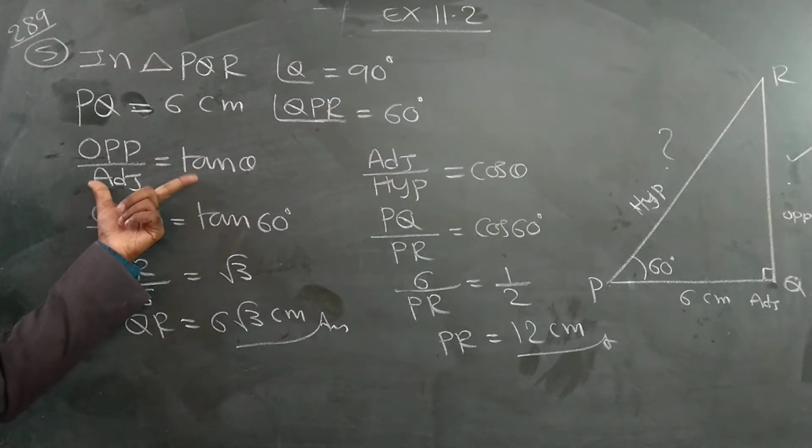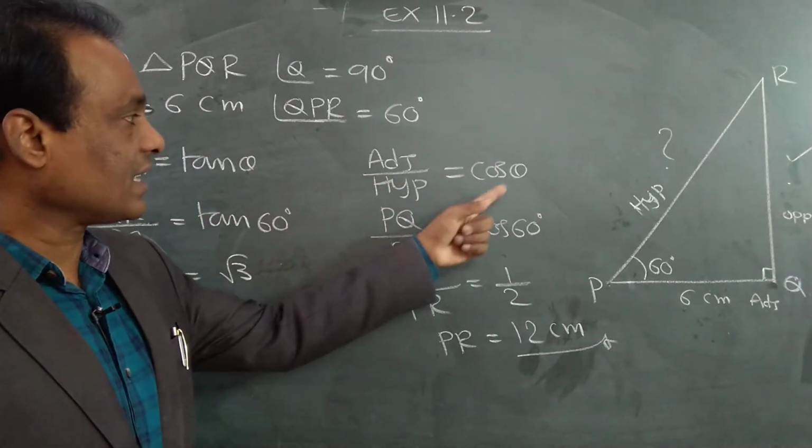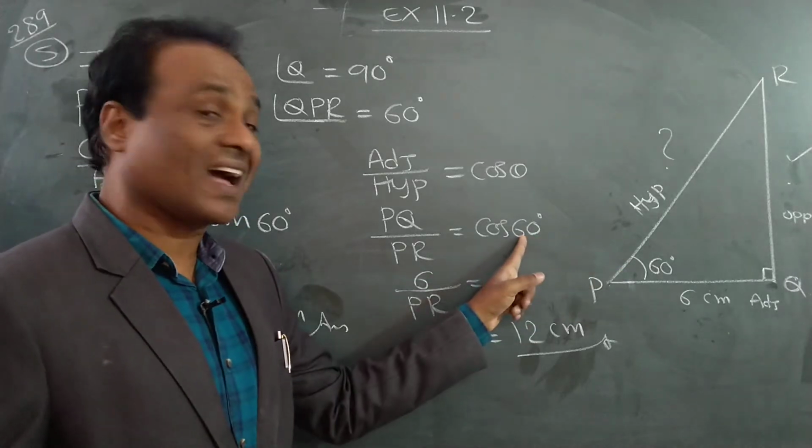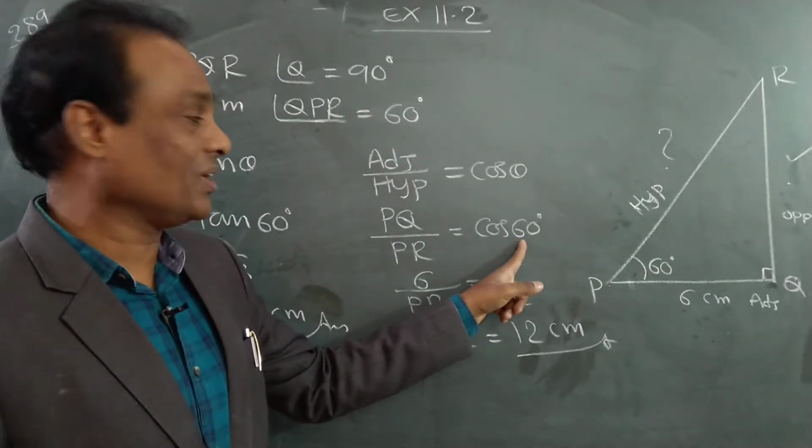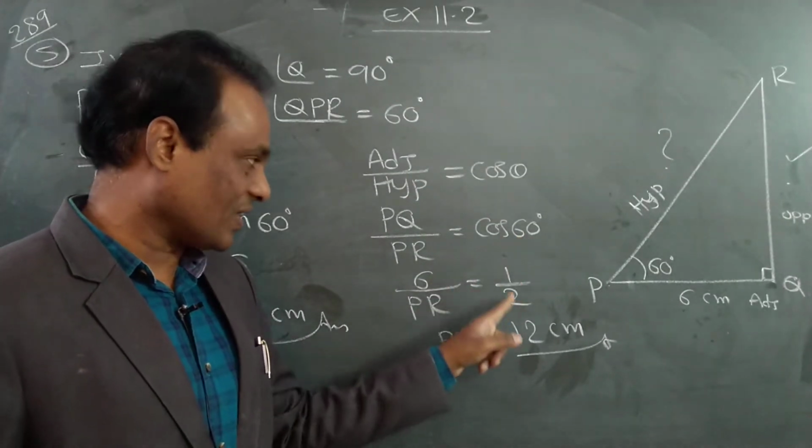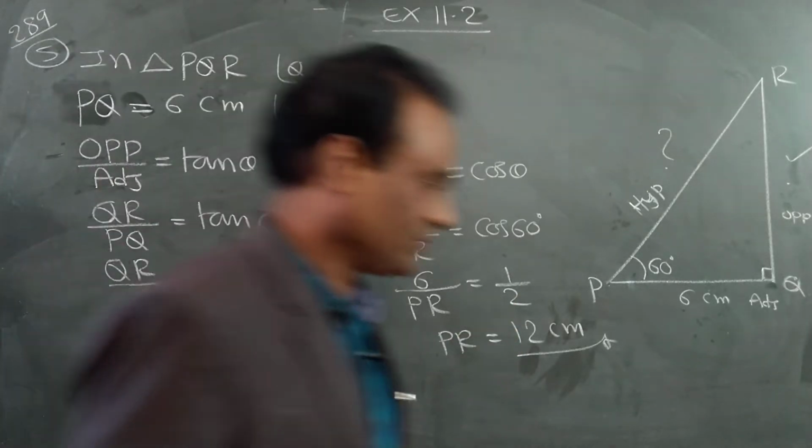This is the tan theta formula. This is the cos theta formula, and theta is 60 degrees. Cos 60, I gave the table, you have to practice it. Cos 60 is 1 by 2. That's all.